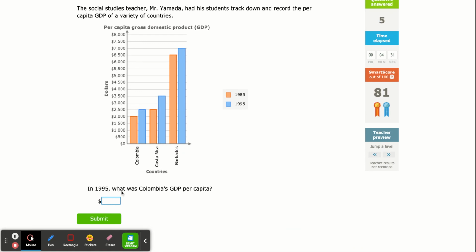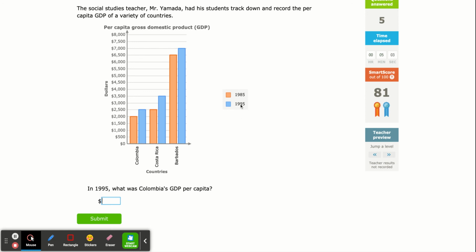In 1995, what was Columbia's GDP per capita? And if you're not sure what GDP is, per capita gross domestic product. Gross domestic product. This is a good time to actually understand some wording. Gross domestic product. So social studies teacher, Mr. Yamada, had his students track down and record the per capita gross domestic product of a variety of countries. And they want to know in 1995, what was Columbia's?